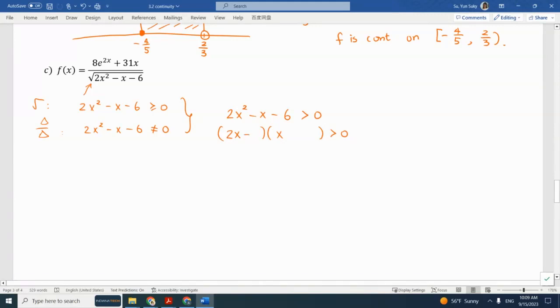Yeah, you mean here we put minus? Yeah, good. And then we multiply the outside: 2x times negative 2 is minus 4x. Multiply the inside, we get 3 times x. So when we add them together, we get minus x. Okay, so for the critical numbers, we set each factor equal to 0.